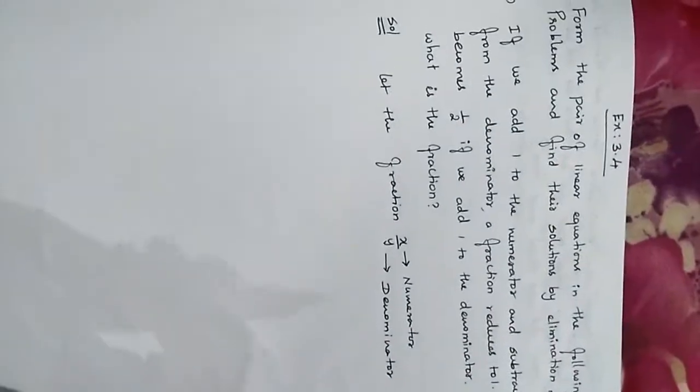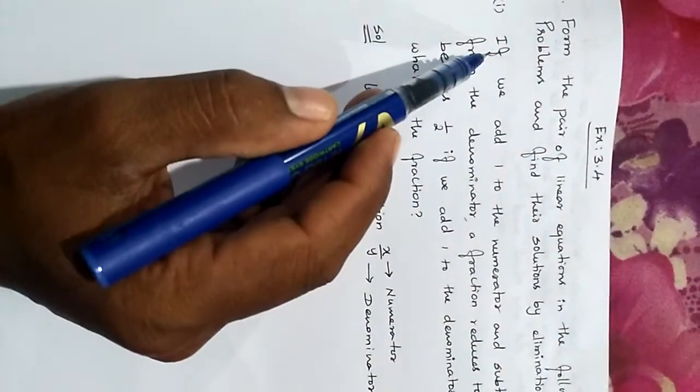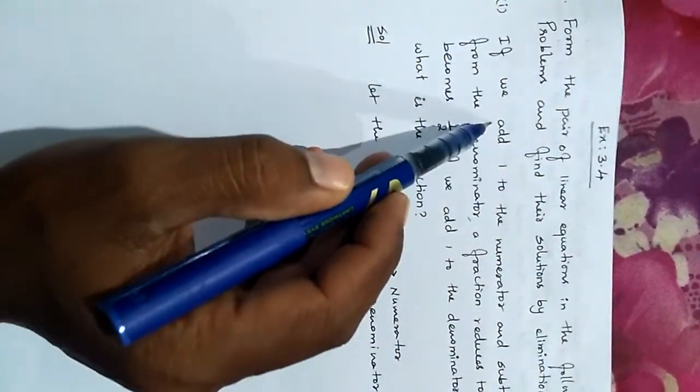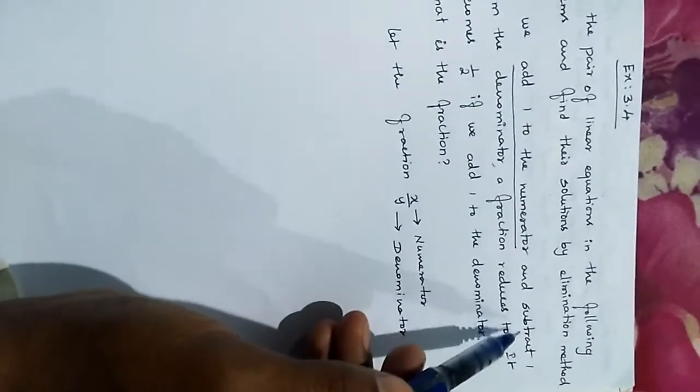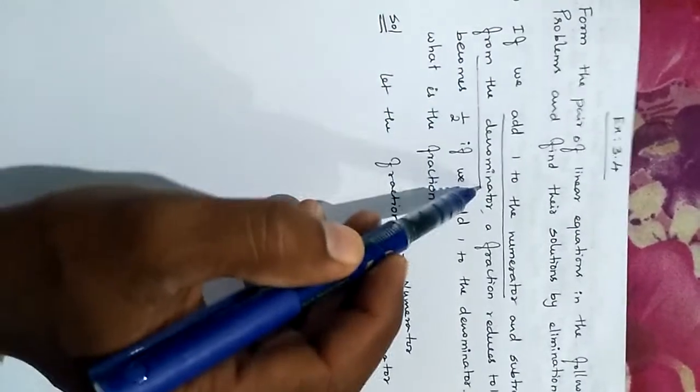Now, if we add 1 to the numerator, so for the numerator we are adding 1, and subtract 1 from the denominator.